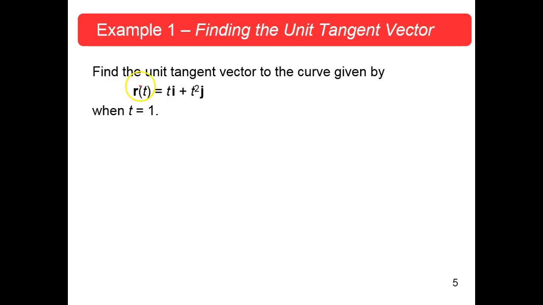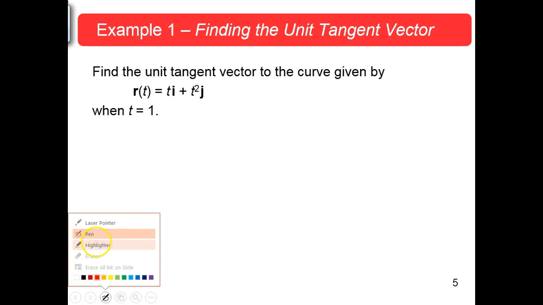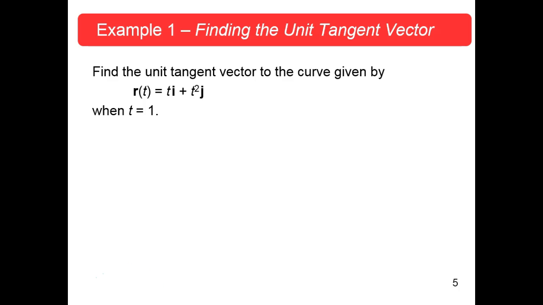Okay, so the first thing we've got to do, of course, I wish some of y'all were here, is take the derivative. So r prime of t would be what? If you were here, I hope you'd say i plus 2t j.